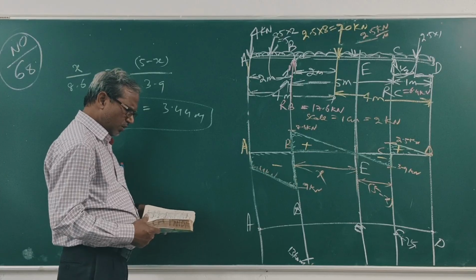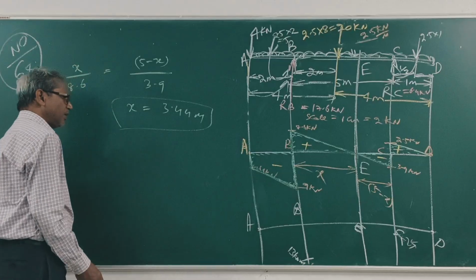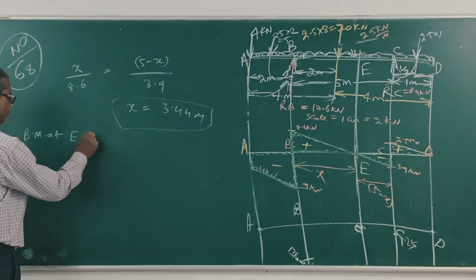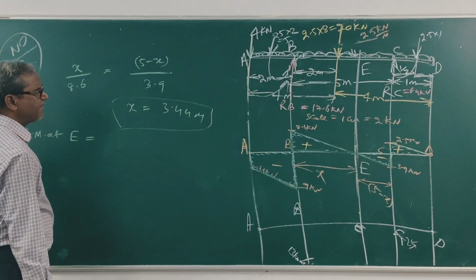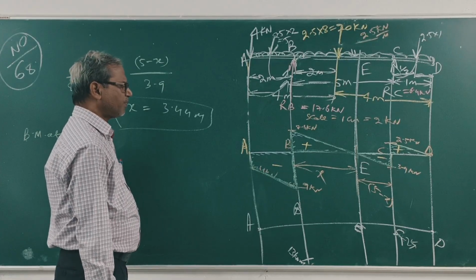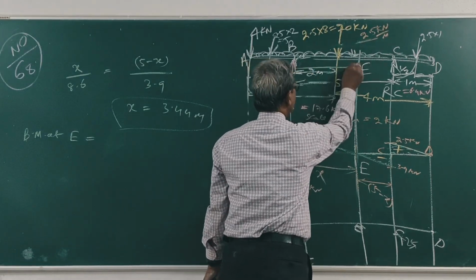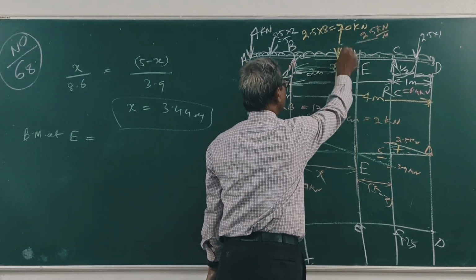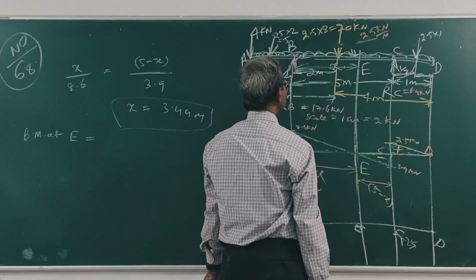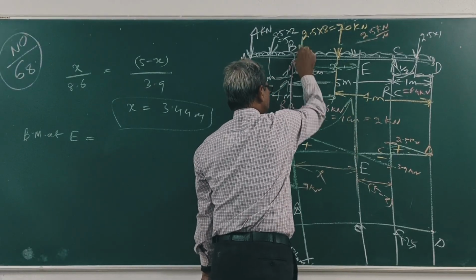Now BM at E. At E, come from this side, this x. Clear? So 4 into this, minus this into this, plus this into this.